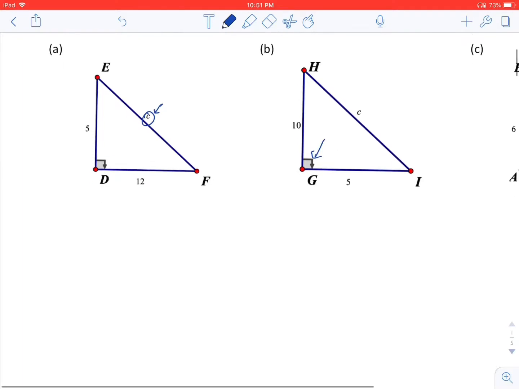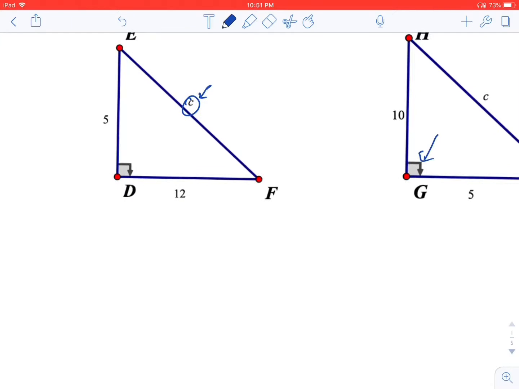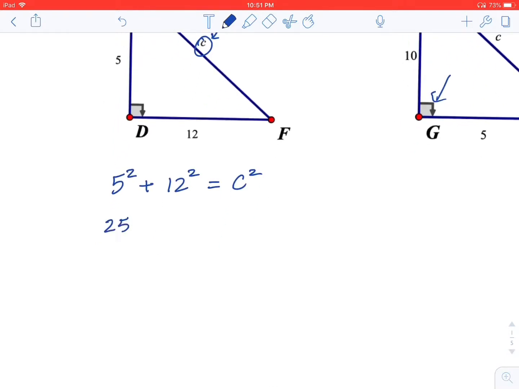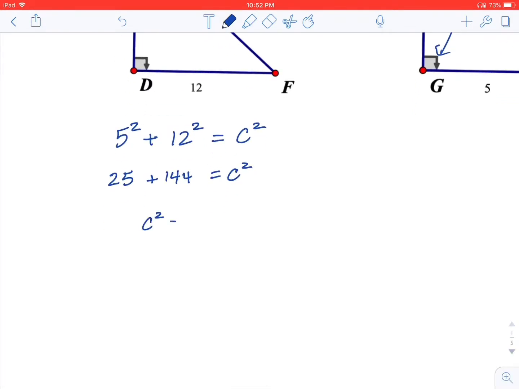So in this first example, triangle DEF has sides or legs of length 5 and 12 and a hypotenuse of length c. That's what we're solving for. If I'm setting up the Pythagorean theorem, then that would be 5 squared plus 12 squared is equal to c squared, or that 25 plus 144 is equal to c squared, meaning that c squared is equal to 169.